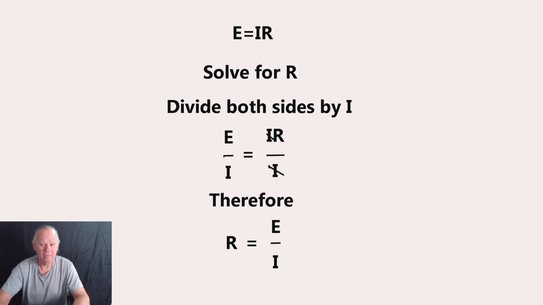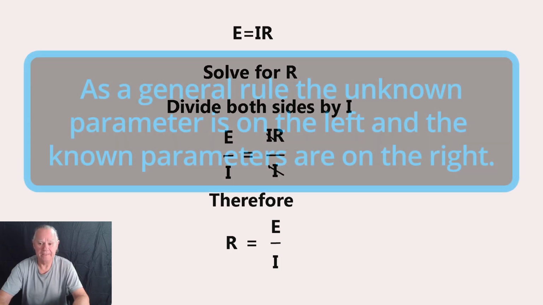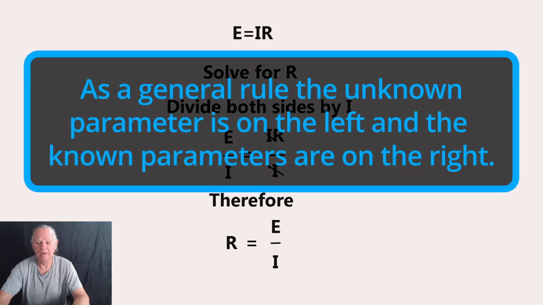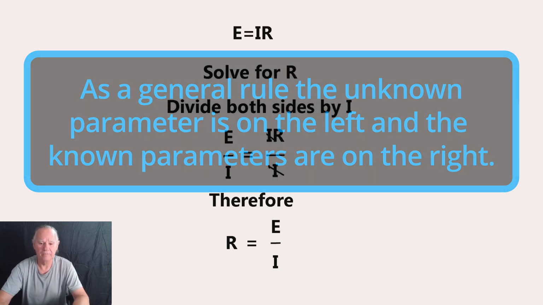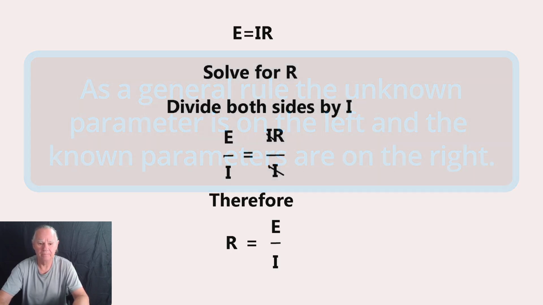The only way to do that is to divide both sides by I. If we do that, the I's on the right side of the equation cancel out, and that leaves us with R. And since they are equal on both sides, you've got E over I equals R. If you flip that around to R equals E over I, then that is the solution to that particular problem. And all of the others are done basically the same way.